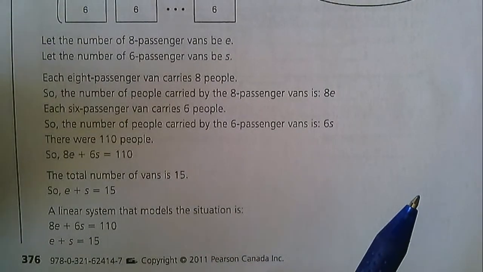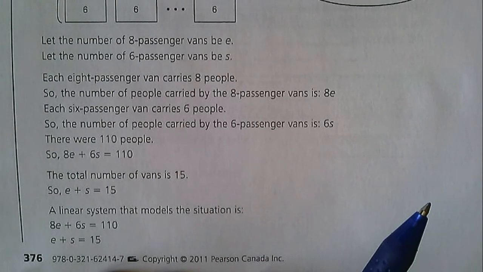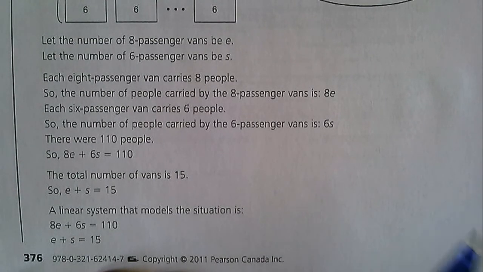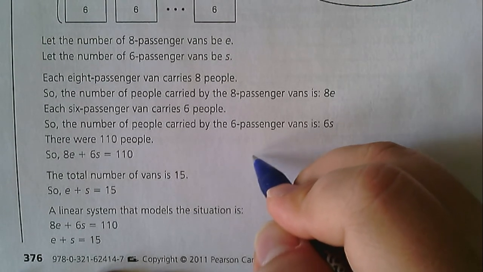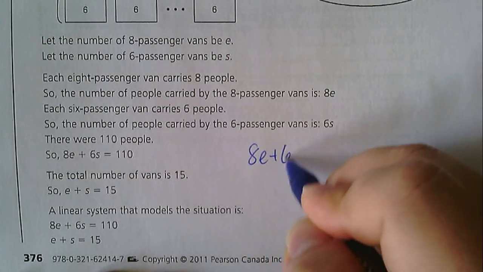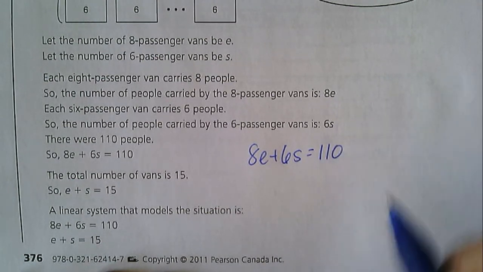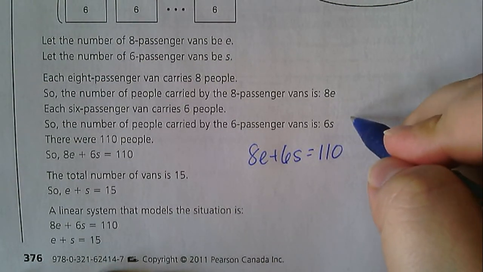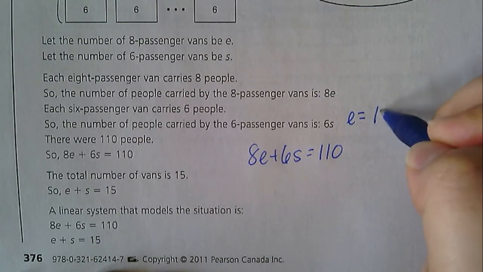So for part B, they told us they wanted us to try out some numbers. They said that there were 10 8-passenger vans and 5 6-passenger vans. So let's verify and see if those numbers work. Let's try with this first one. We have 8E plus 6S equals 110. For the E value, I'm going to input 10.